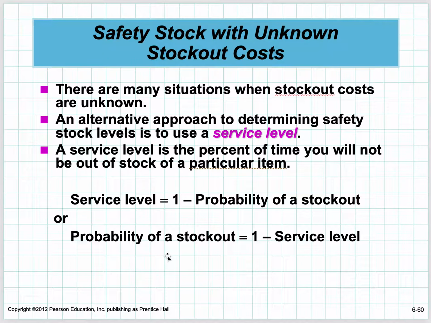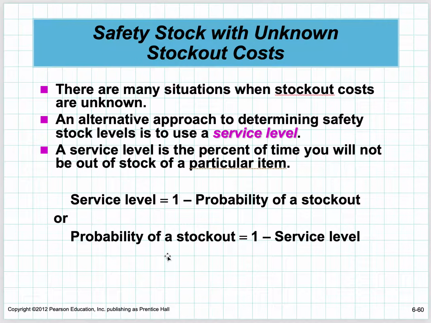There are many situations when stockout costs are unknown. An alternative that we're going to study is looking at the service level. A service level is a percent of time you will not be out of stock. Stockout cost is very economics and financing. Providing a certain service level is very unit oriented and what manufacturing and operations management people will look at.